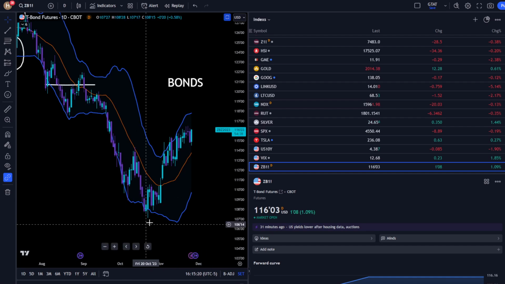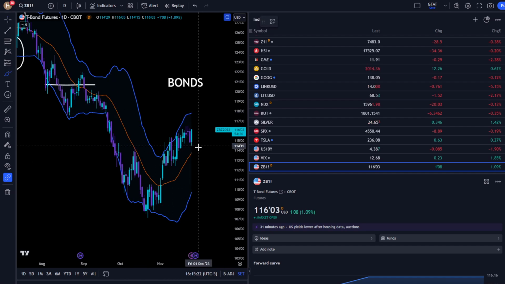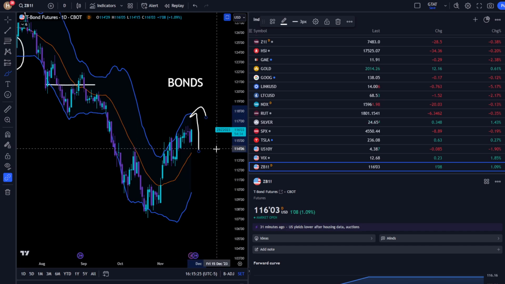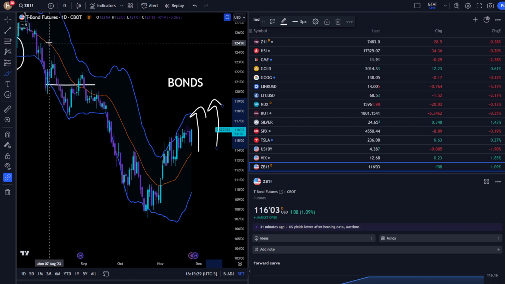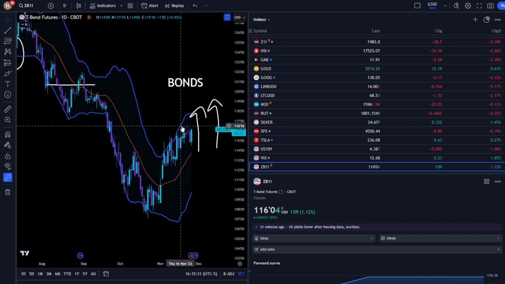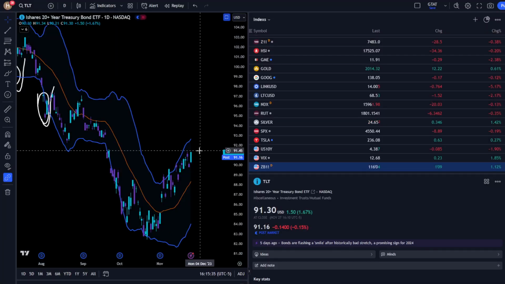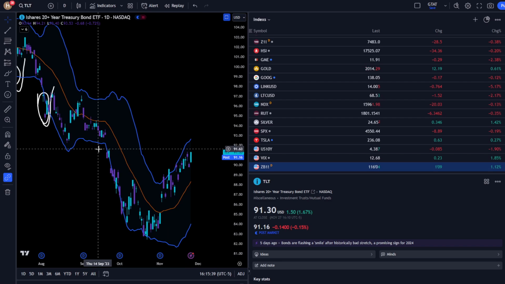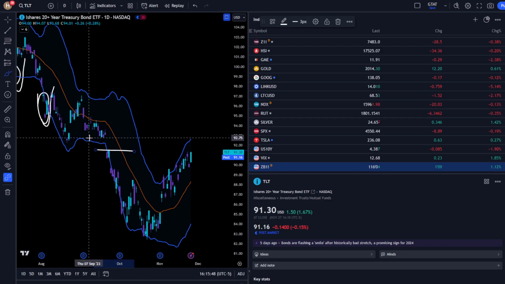They're showing some bounce, and we know that the bonds have a more correlated relationship to the market. If the bonds are strong, then the overall market is strong as well. So the bonds are getting close to a level of resistance here. And when you look at TLT, similar, also close to the level of resistance at around 91.50. So we're getting very close to resistance. And above 91.50, there's the gap that needs to be filled closer to 93.